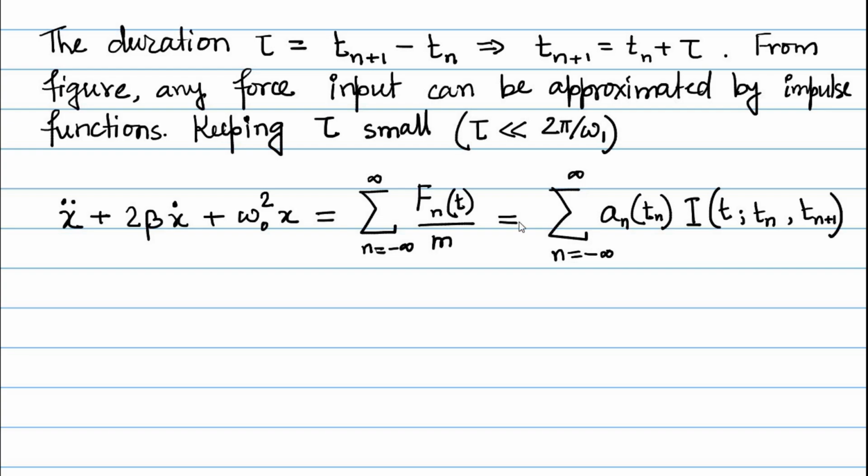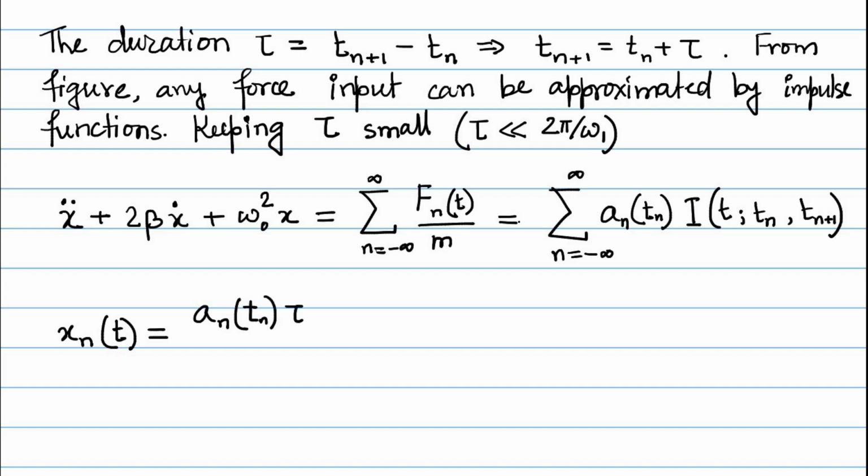So if we have to write the solution for an individual impulse, for example the nth impulse, the solution becomes an, which depends on t of n, times tau.